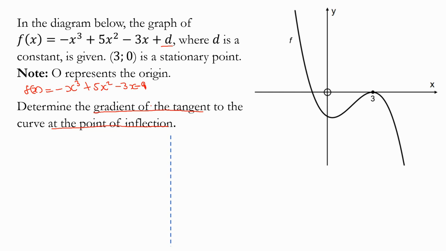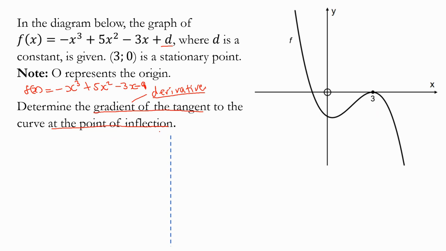So the gradient of a curve and the tangent at the point of contact have the same gradient, isn't it? And remember that the gradient is the derivative. So we're going to differentiate to get the gradient of this curve.